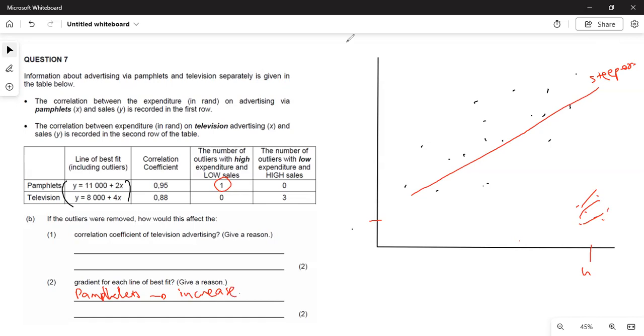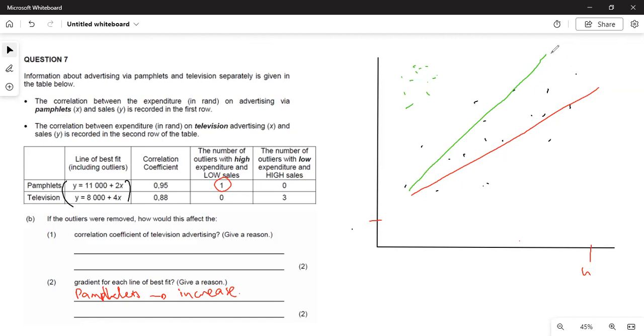So now again, let's imagine the scenario with different outliers. We have one where we have low expenditure with high sales over here. So what is that doing? It is causing our gradient to be a little bit steeper. It's taking it up with the outliers.